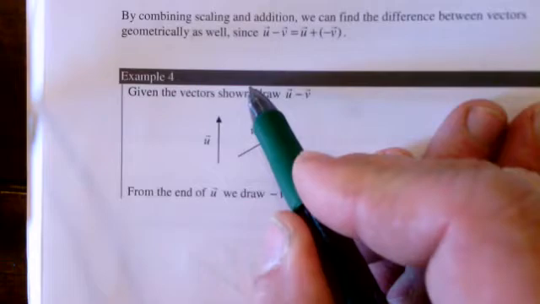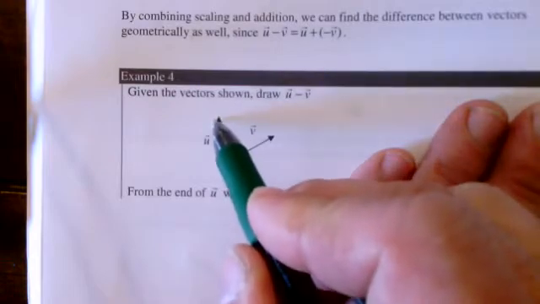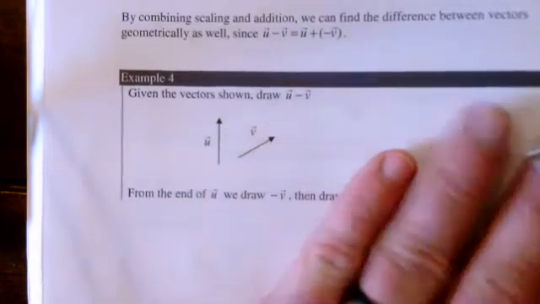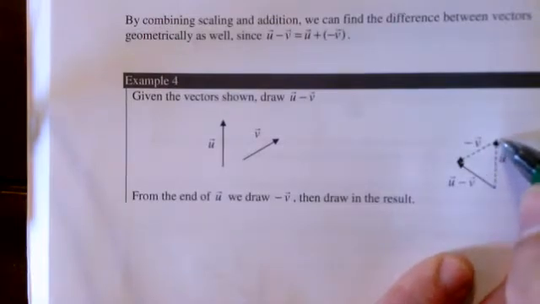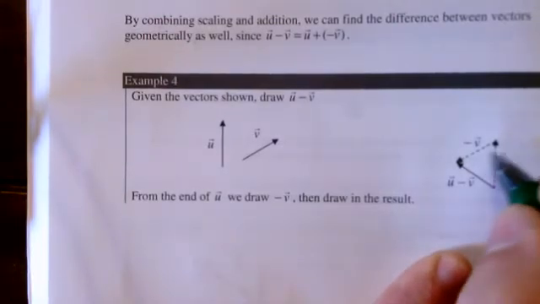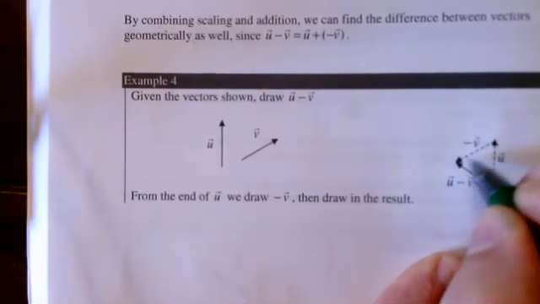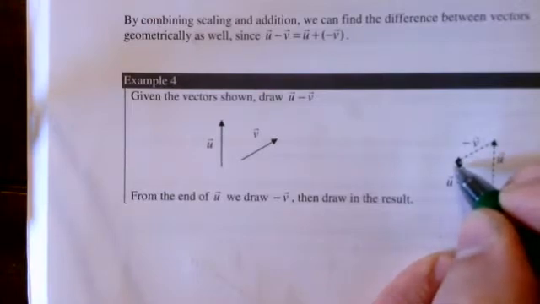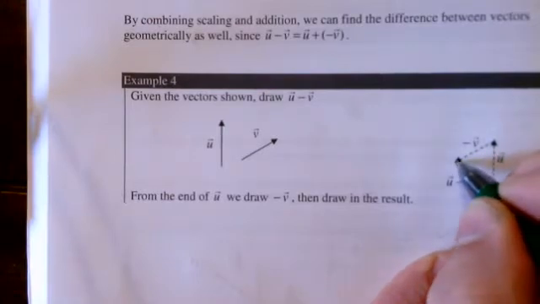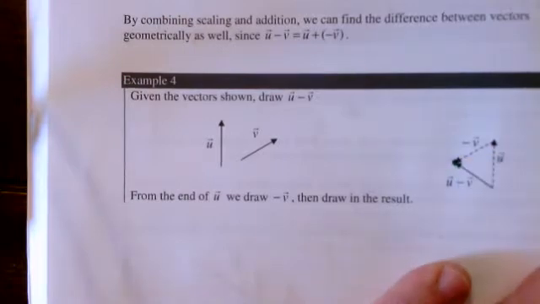But instead, I've turned that negative, so now that's going to go down and to the left. So if u is going up, instead of going up right with a positive v, I'm going down left with a negative v. So u minus v is actually going to be this other direction, and we're going to end up there to the left. I hope that was clear.